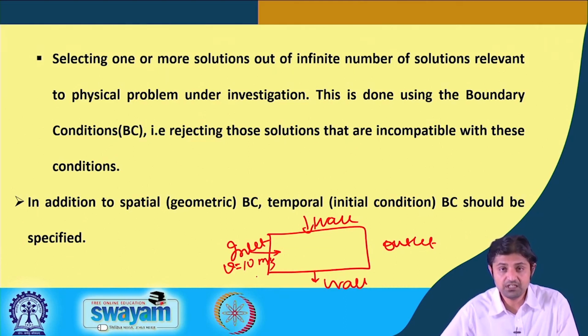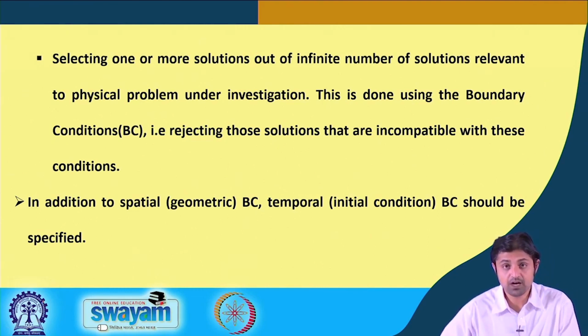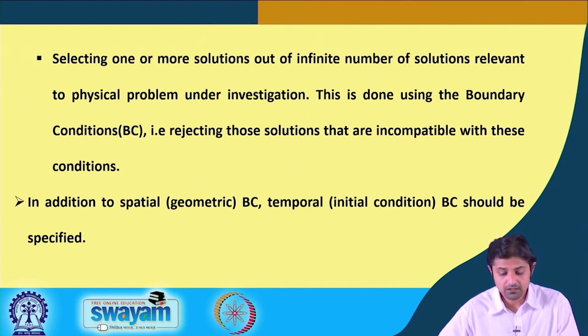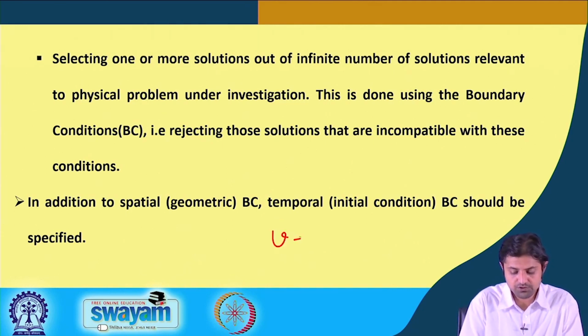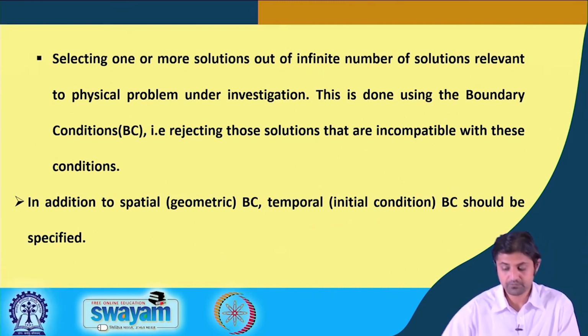So boundary condition in time is called initial condition. Initial condition is nothing but a boundary condition in time. For example, we say at time t equal to 0, the entire fluid was at rest. So this means that v is equal to 0 at t equal to 0 becomes our initial condition, all right, and this should also be specified.